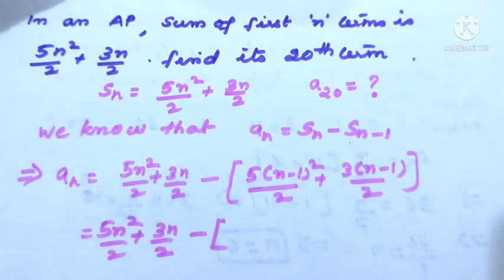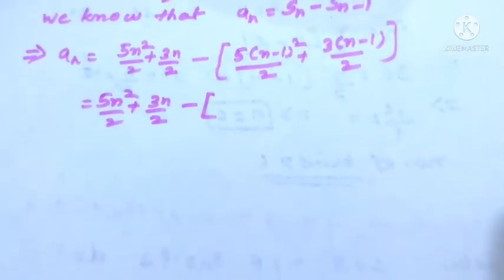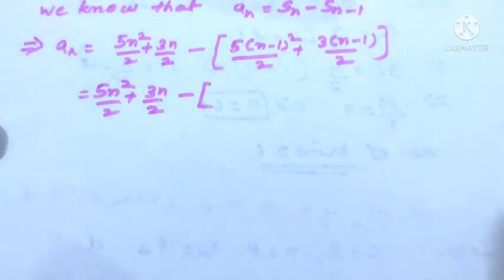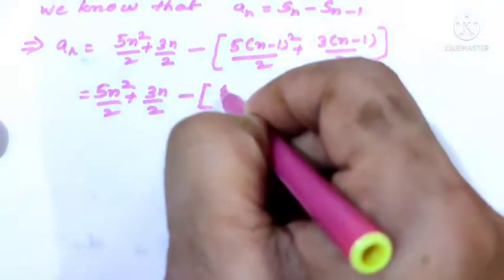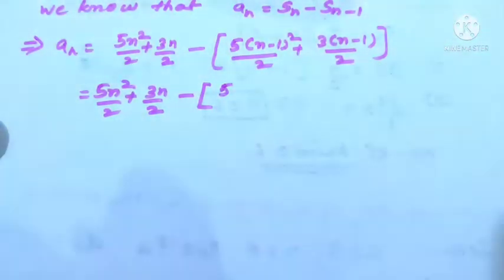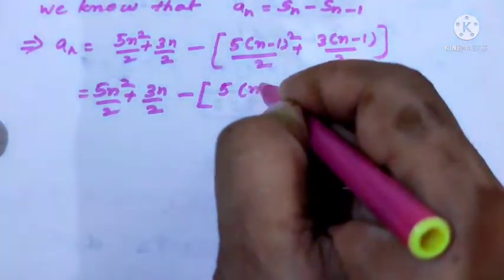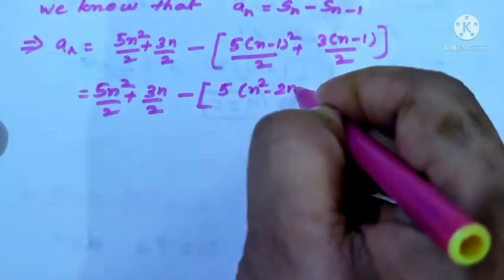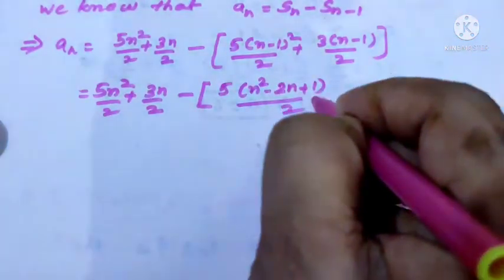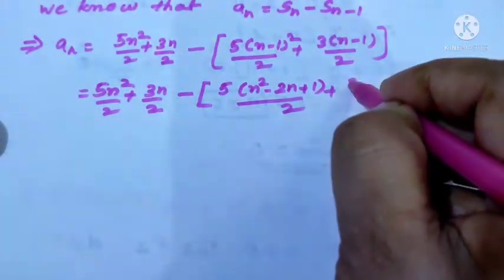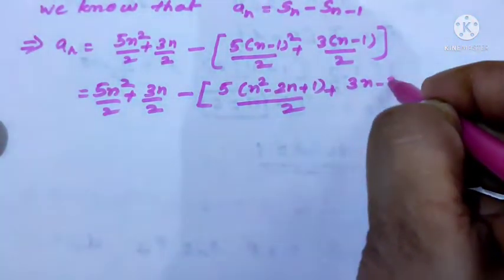Now the expansion of these terms. So what is the expansion? 5 bracket n square minus 2n plus 1 by 2 plus 3n minus 3 by 2.